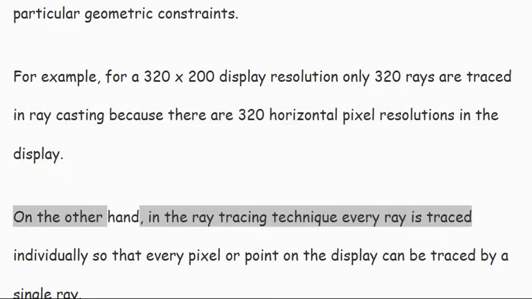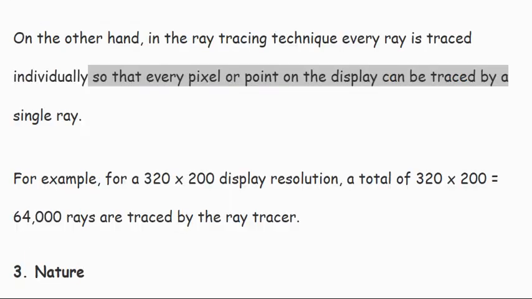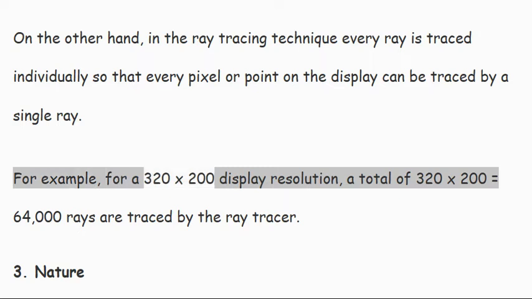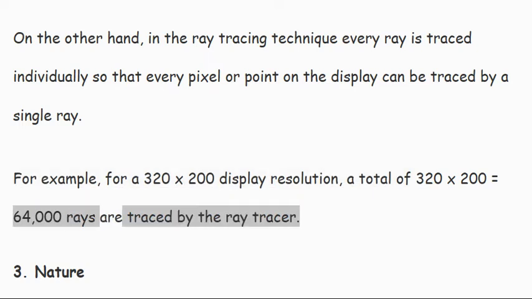On the other hand, in the ray tracing technique, every ray is traced individually so that every pixel or point on the display can be traced by a single ray. For example, for a 320x200 display resolution, a total of 320x200 equals 64,000 rays are traced by the ray tracer.